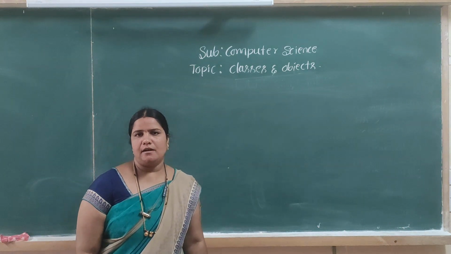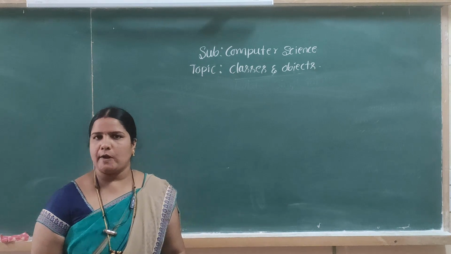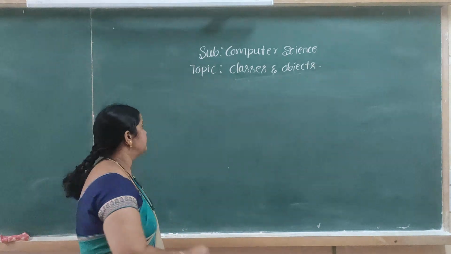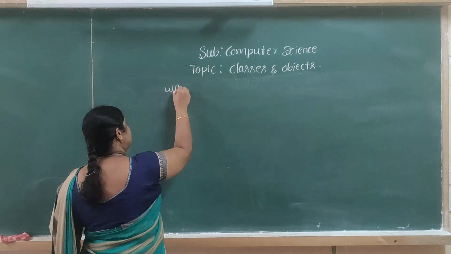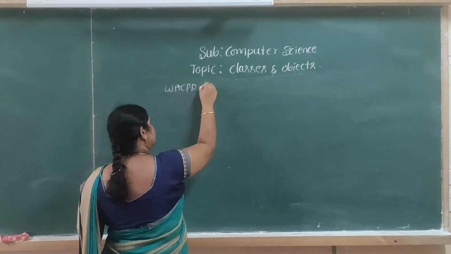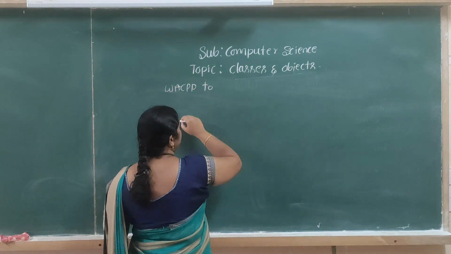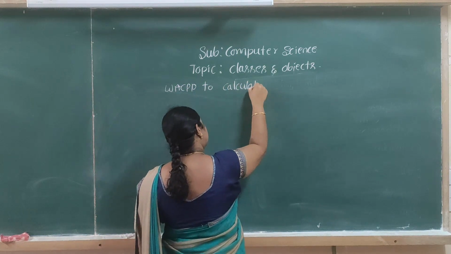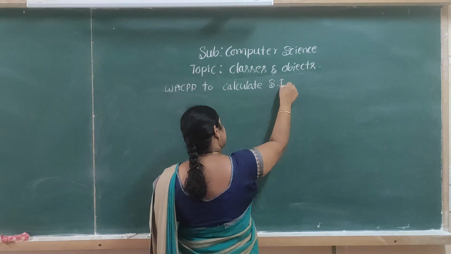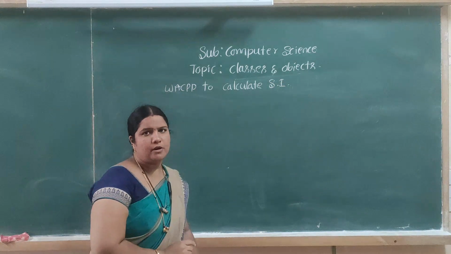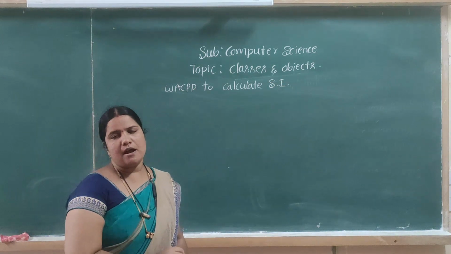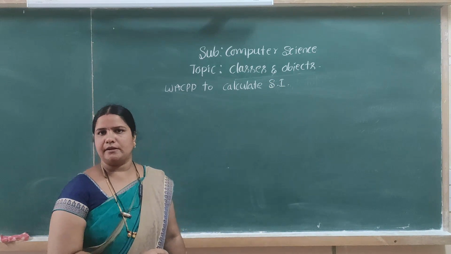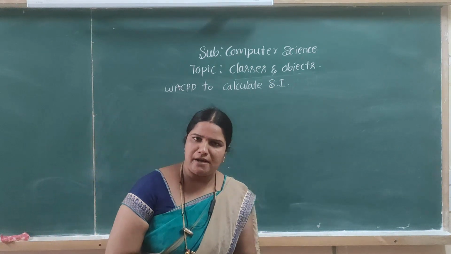The next program is write a C++ program to calculate simple interest, and the simple interest equation is PTR divided by 100.